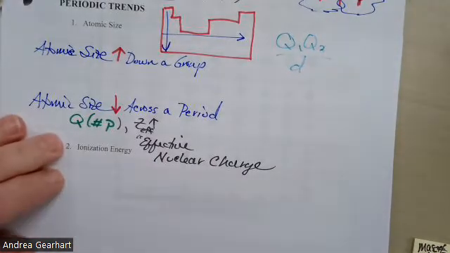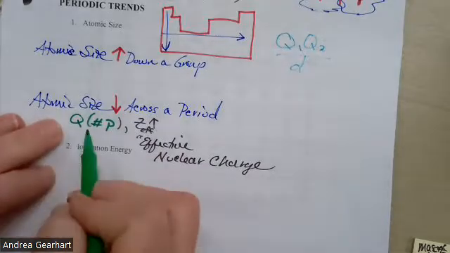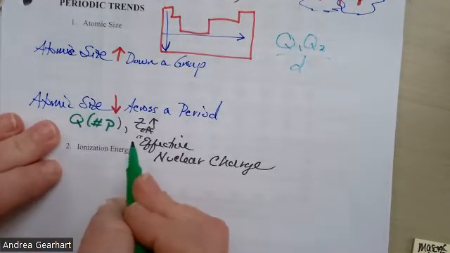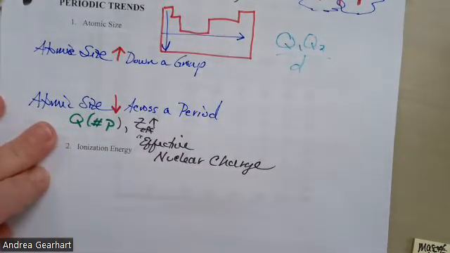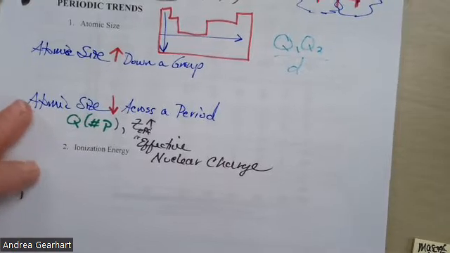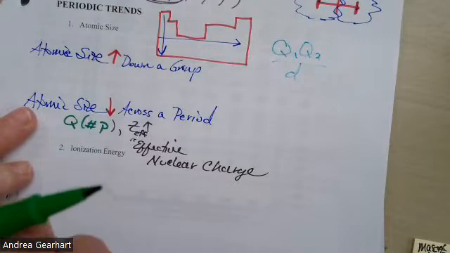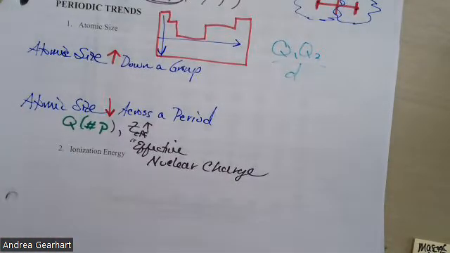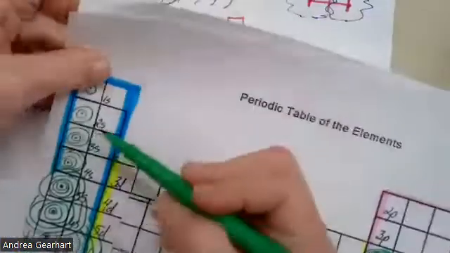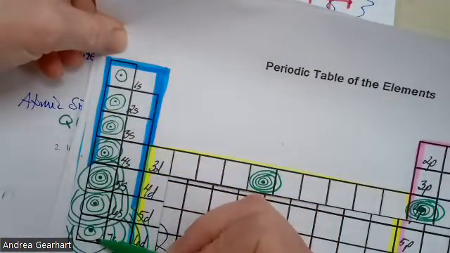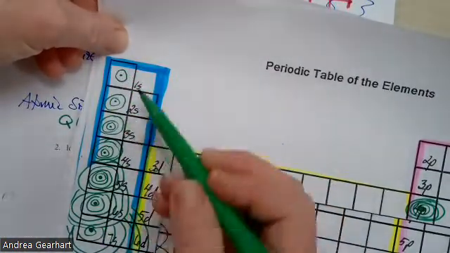Can you go ahead and take over from here? So the strength of the nuclear pull is increasing, so the electrons are pulled closer to the nucleus. Why? There's more protons. You are so correct. However, going down, there's more protons, but the atom gets larger as we go down.